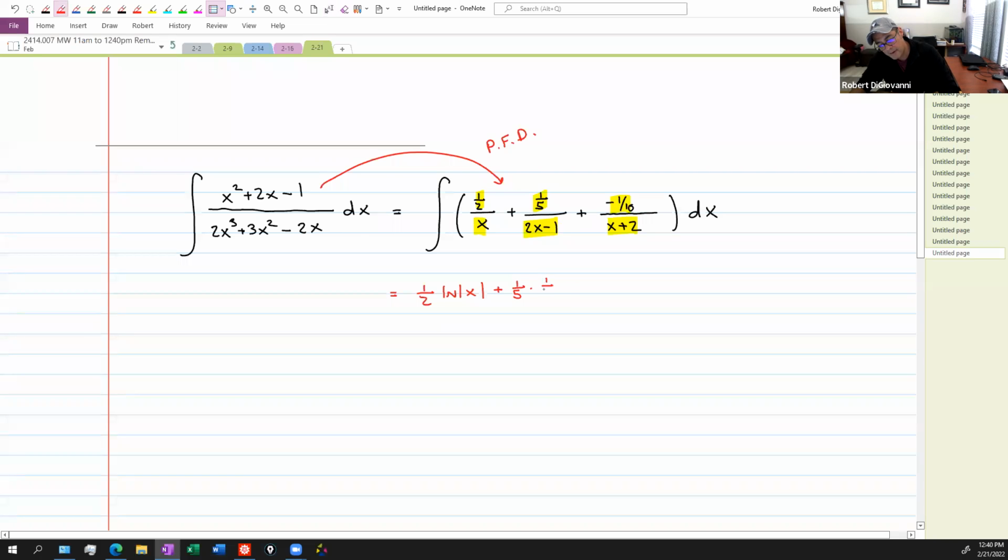So I'm going to have to put a 1/2 out here, and then I'll have the natural log of 2x minus 1. And then on the next one, I have that negative 1/10, so I'm going to bring it out front as negative 1/10. And then this one, I do not have to scale because there's a 1 in front of that x. So this will be natural log of x plus 2. Plus c, we're done.